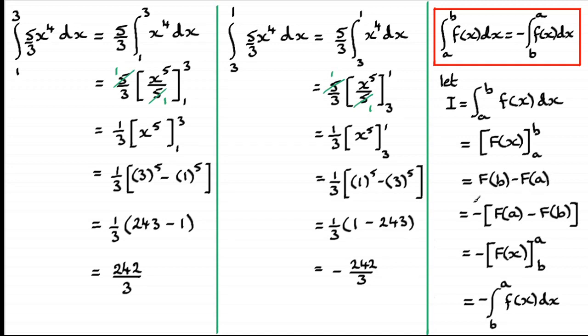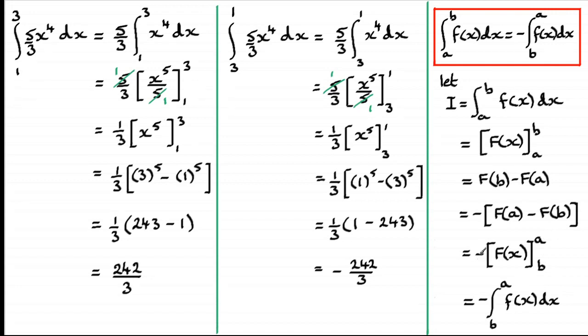Now, if I pull a negative sign out the front of some square brackets here, swap this around, this is exactly the same as minus 1, if you like, times F of a, and minus 1 times minus F of b. It's going to give me this line up here. And you'll notice that this result in the square brackets is F of x going from b to a.